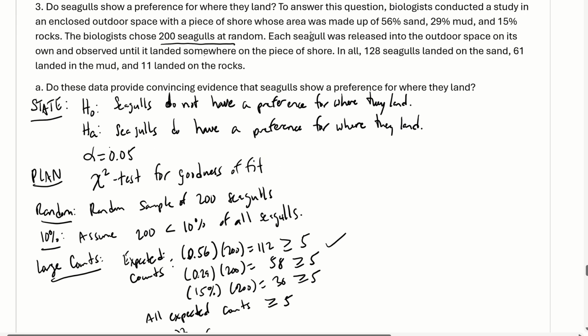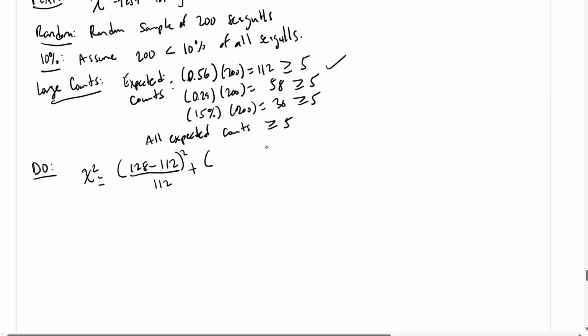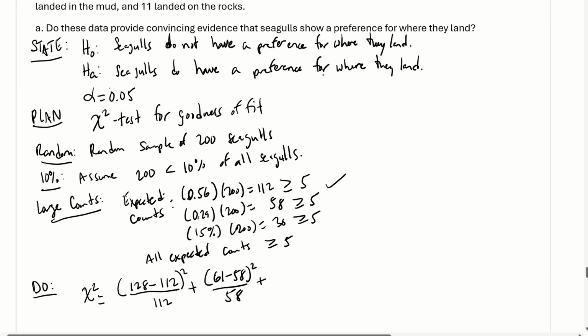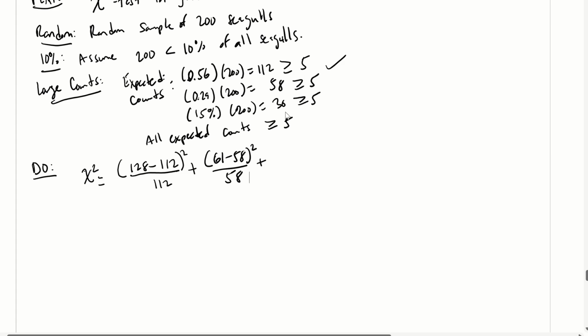It says we observed 61 in the mud, and we expected 58. All right, we observed 11 in the rocks, and we expected 30. That looks like a pretty significant difference, right? That's going to impact our chi-square for sure.